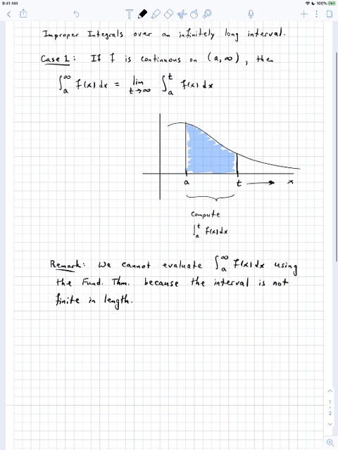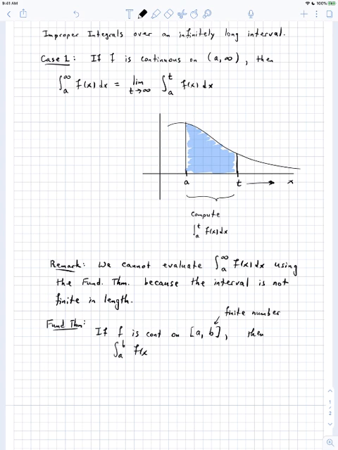Remember, the fundamental theorem of calculus tells us that if f is continuous on an interval from a to b, so this is the fundamental theorem, where b is a finite number, then f has an antiderivative, and the integral from a to b of f of x dx is equal to that antiderivative at b minus that antiderivative at a.